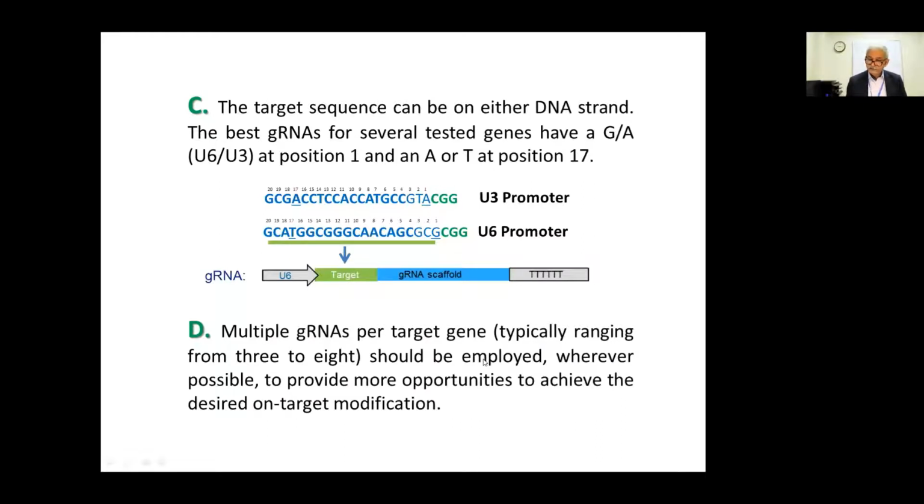But first of all, you must know that you need to design more than one protospacer, and I would prefer that after identifying the PAM site, you select manually more protospacers close to the region that you want to modify, whether you want to insert a gene there or repair the DNA at that position.